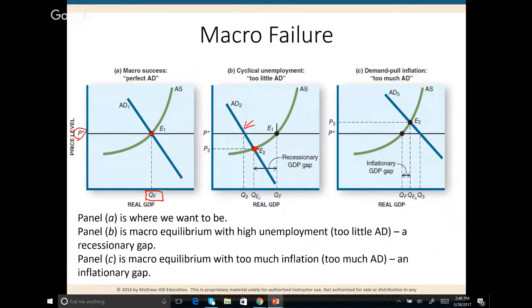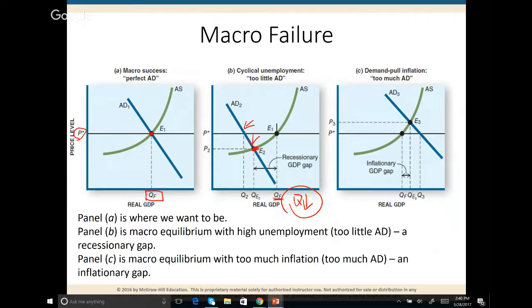Now this equilibrium here, if you compare it to your full employment output, your production is less, so quantity of production goes down. At the same level, your price level is decreasing as well. But we're going to focus on this part here, that your production is going down. So when the production is going down, that means companies don't have to produce as much good as before.